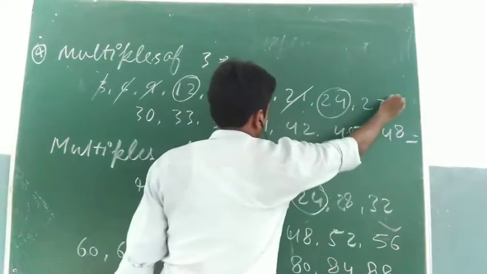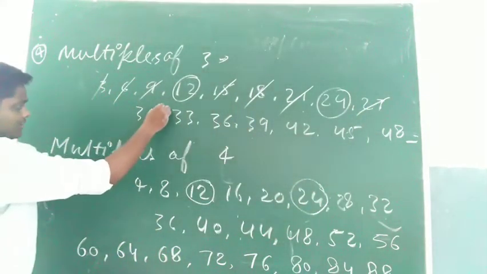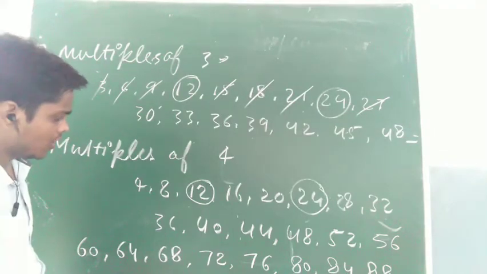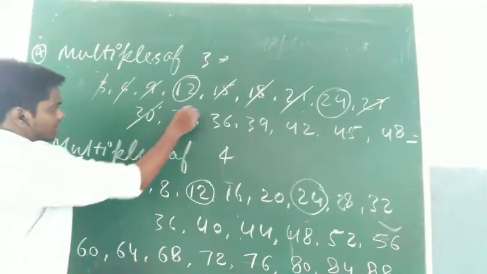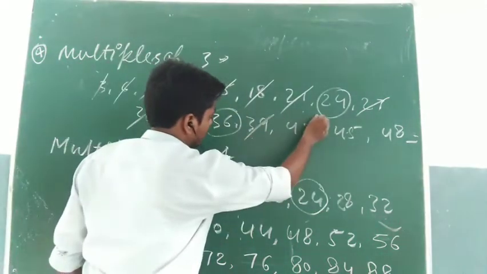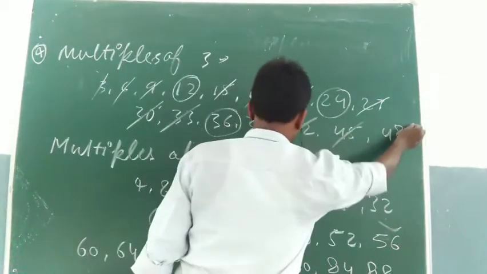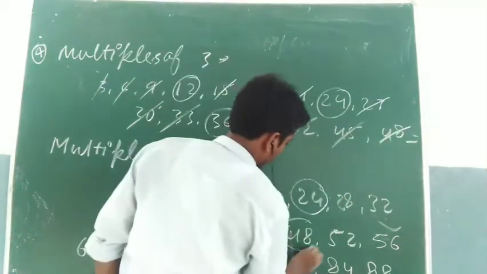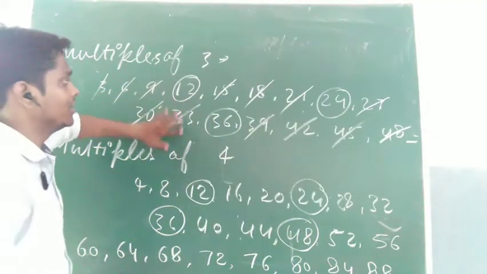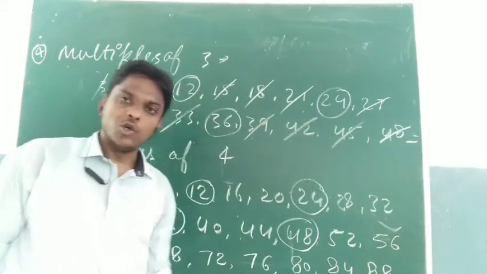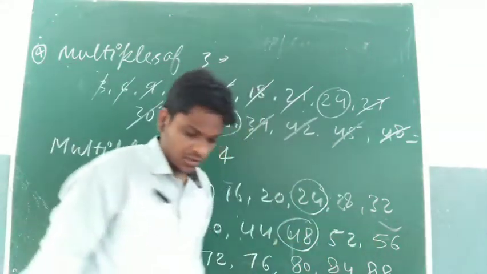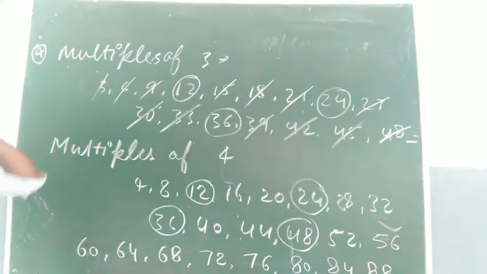After that 27, 30 we don't have, 33, 36 we have 36. After that 39, 42, 45, but we have 48. Likewise you have to circle each and every common multiple of 3 and 4. The rest of this is not completed, you will do the rest of the multiples. After that, question number 5.